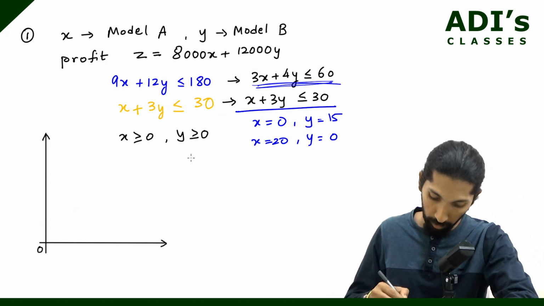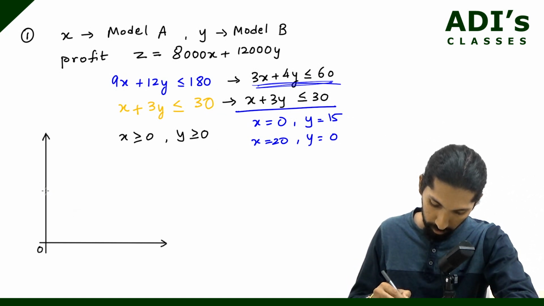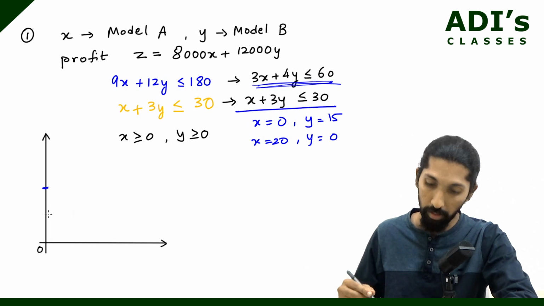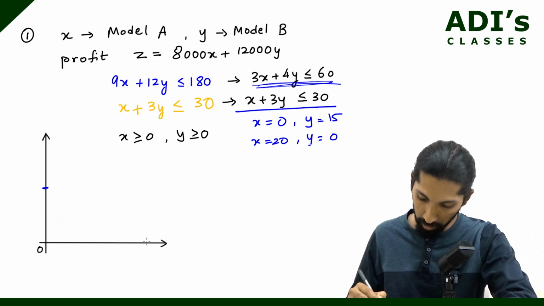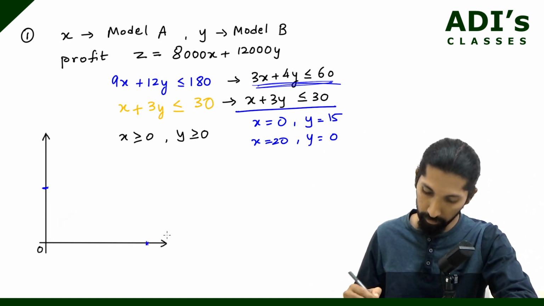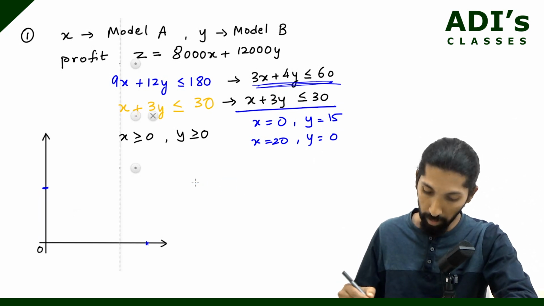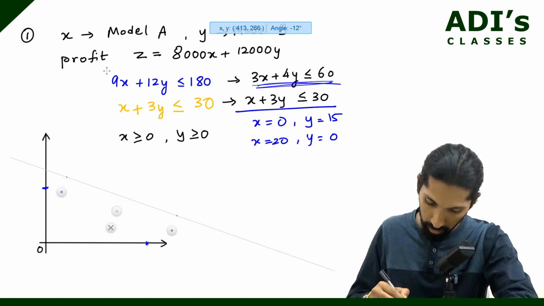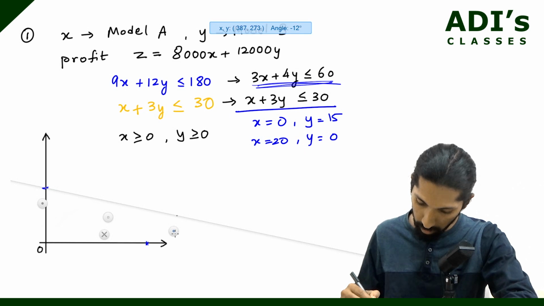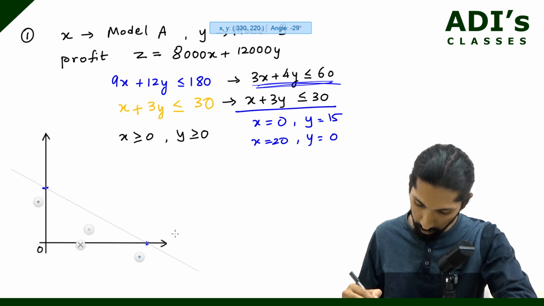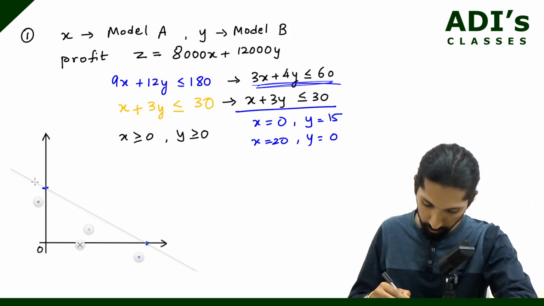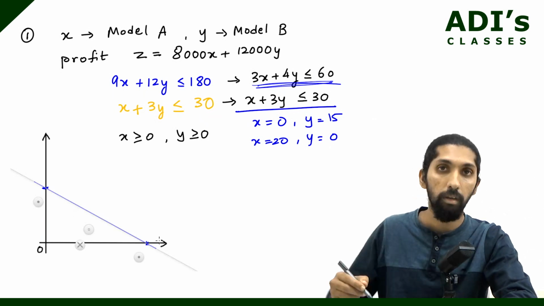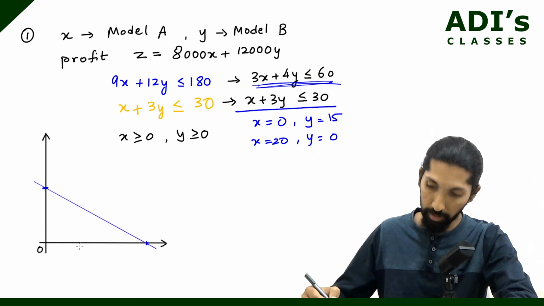So now let's draw the line. The first point is going to be here and the second point is going to be here, right? This is the first case.